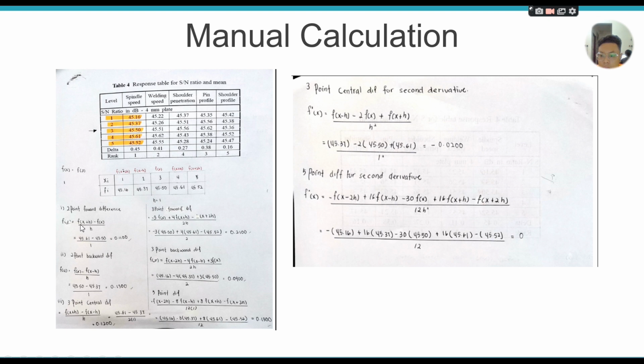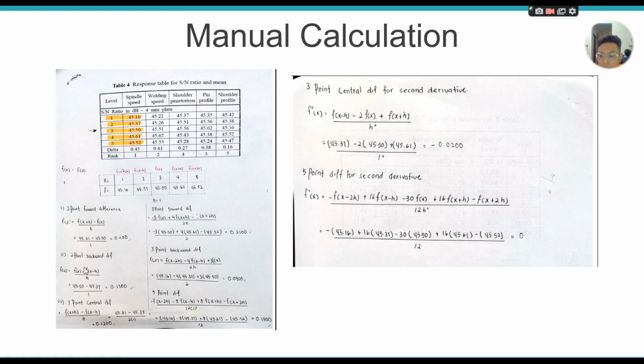From that, we need to find the value of the 2-point forward difference by using this formula: f(x+h) minus f(x), divided by h. So f(x) is this, and y for the f(x) is this. We take the values and put them into the formula.